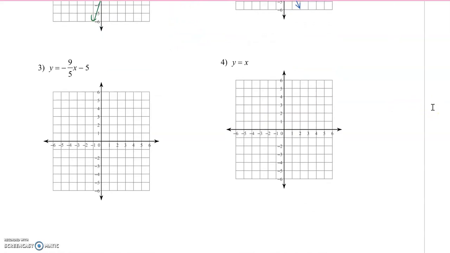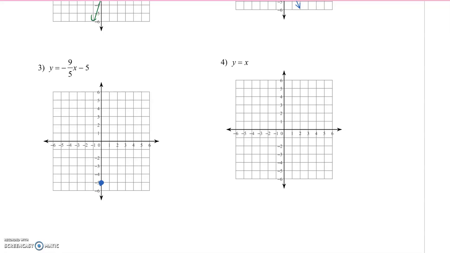Okay, all right, so let's try another one. y equals -9 over 5x minus 5. I'll draw my y-intercept, -5, so it's down there. I've got a rise over run of -9 over 5. For this one, I'm going to try and do it a little bit differently.